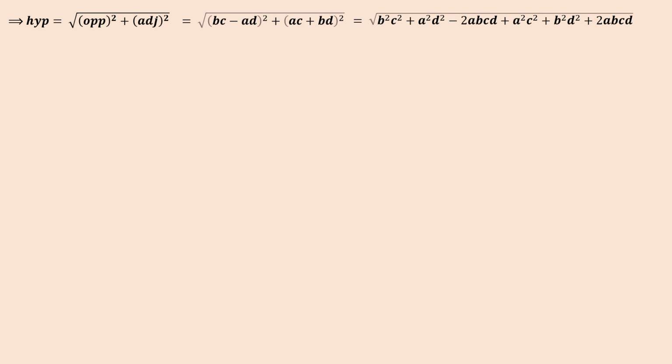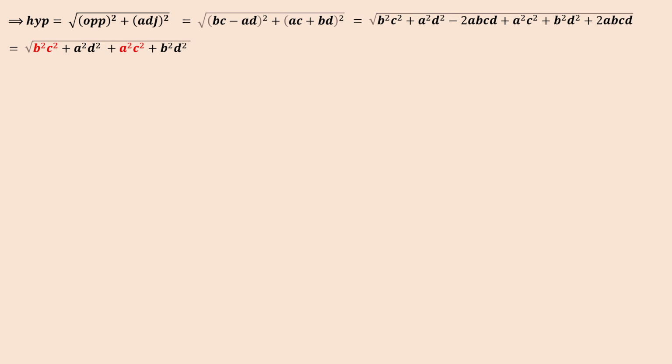So using the (a plus b) and (a minus b) formulas and expanding, right? Minus 2abcd and plus 2abcd get cancelled. So we write the remaining terms: b square c square plus a square d square plus a square c square plus b square d square.